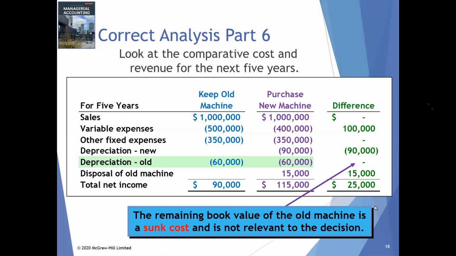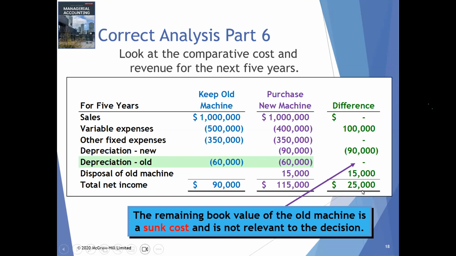So that will be our profit if we buy the new machinery. As I mentioned in the first slide, the difference between these two alternatives, 115,000 minus 90,000, is 25,000.